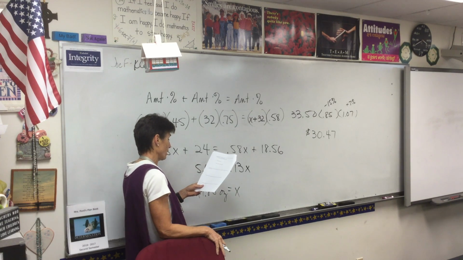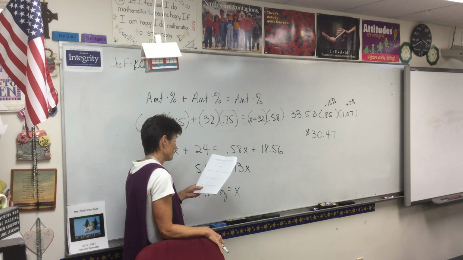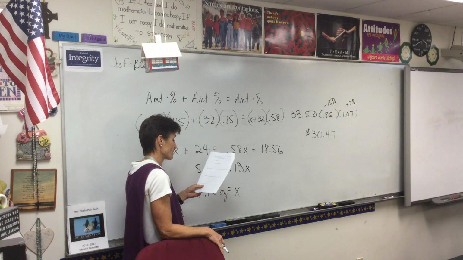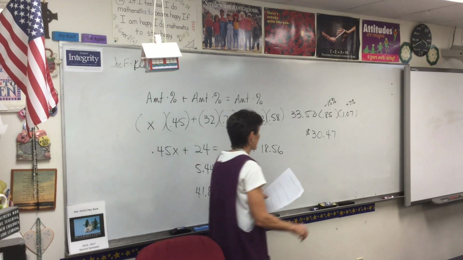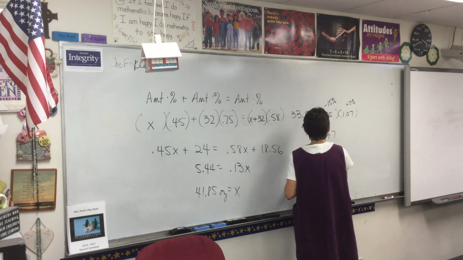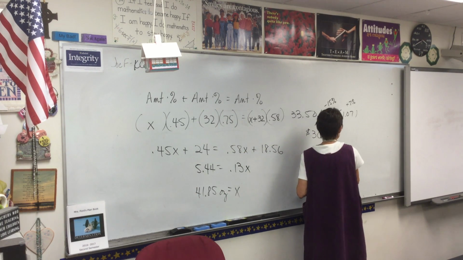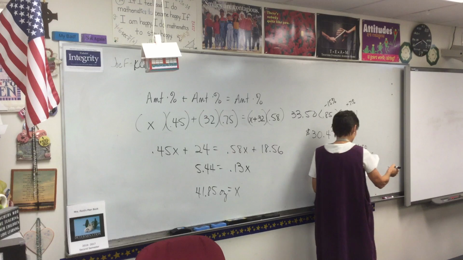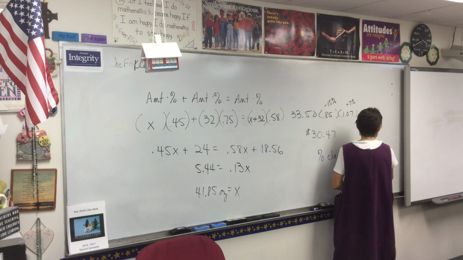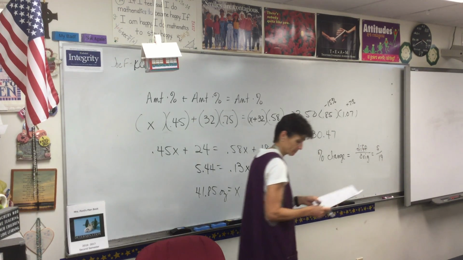Last year, the team won 19 games. This year, they won 24 games. What is the percent of increase? So one way to do percent change, percent of increase, any change, is to take the difference and divide it by the original. Well, the difference is 5 and the original is 19.